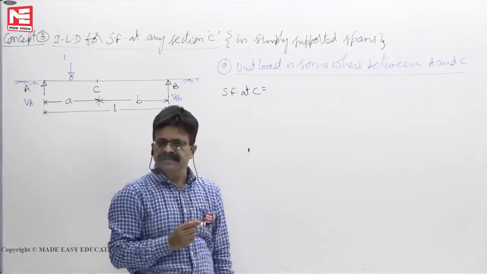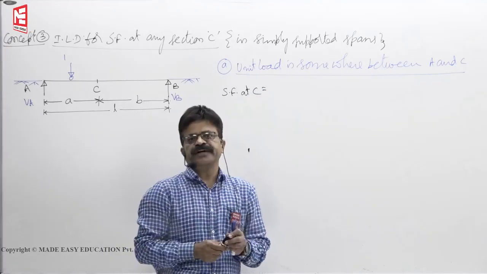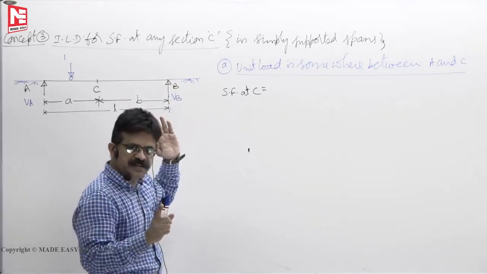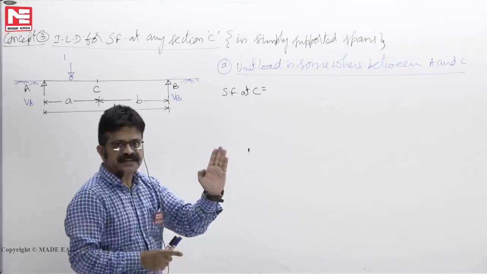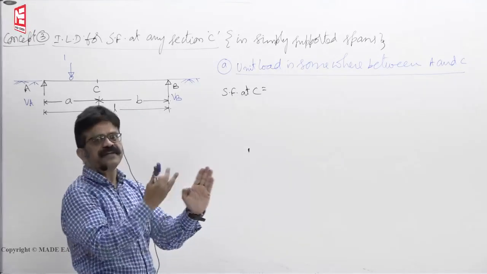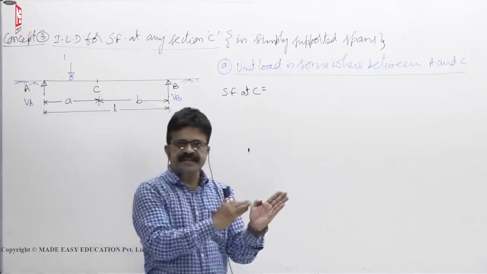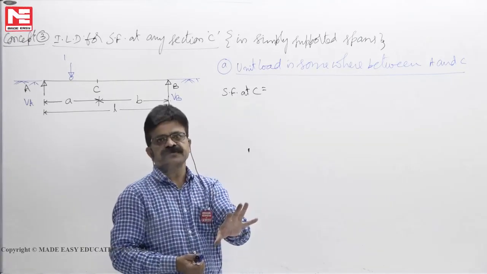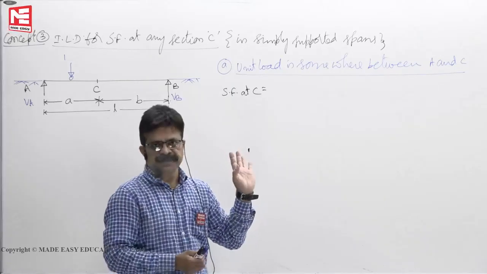What you have studied in strength of materials, if you want to find shear force at any section C, your first task is you must go and stand there at C. Now you have a choice to look left side or right side. Whichever side is easier, that side you will see and find the unbalanced vertical force and finish off the problem.